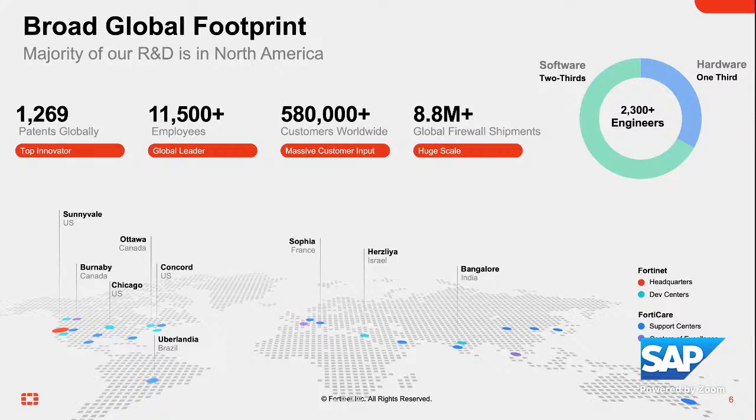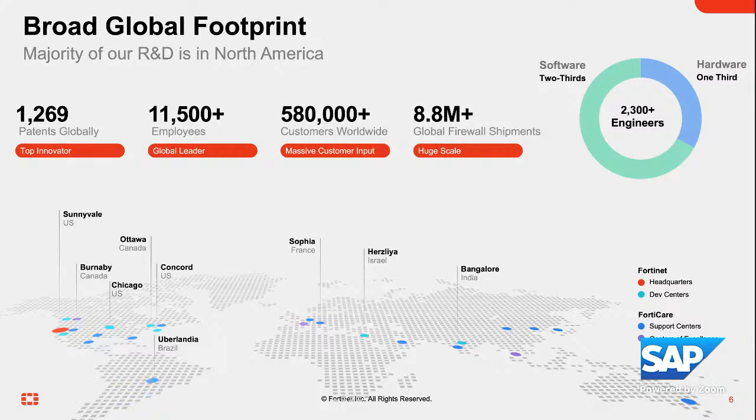And you can see also a little bit the split between software and hardware that we're doing from an engineering perspective. We are a very strong, innovative company. You can see that by the amount of patents that we hold across the world.